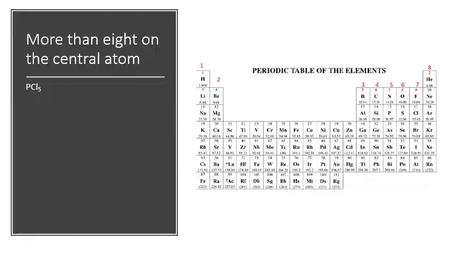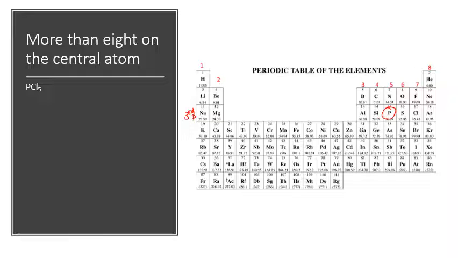Here is an example for more than 8 electrons on the central atom. When I talk about more than 8 electrons, you have to pay attention here. Here it is phosphorus and chlorine. Where is phosphorus? Here, correct? Phosphorus is in the 3rd period. Even though it is in the 15th group, it is in the 3rd period.